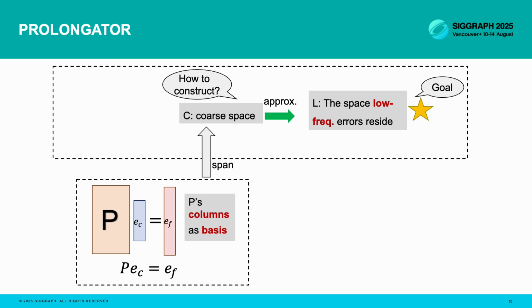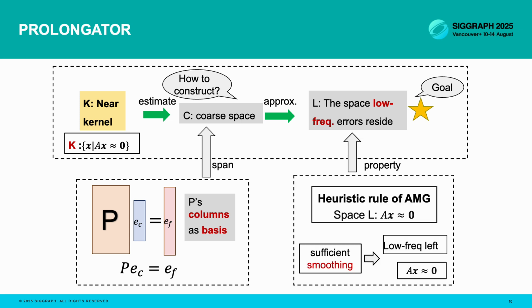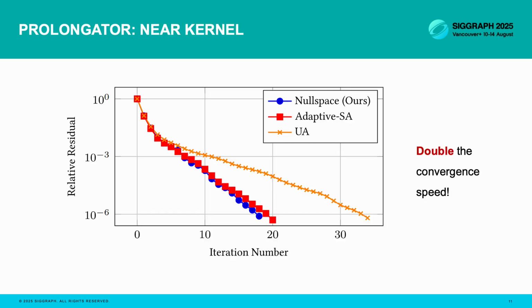A good coarse space captures low-frequency errors, but how to construct it? We found the near kernel works well. AMG heuristic rules suggest that after sufficient smoothing, low-frequency errors lie in the near kernel, which can be easily obtained with a few Gauss-Seidel sweeps. With this near kernel improvement, convergence speed doubles.